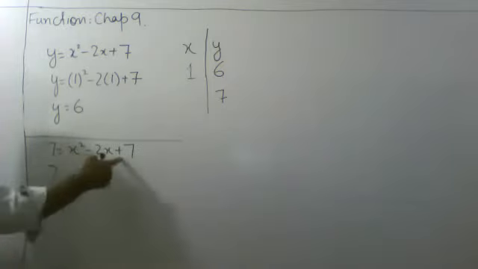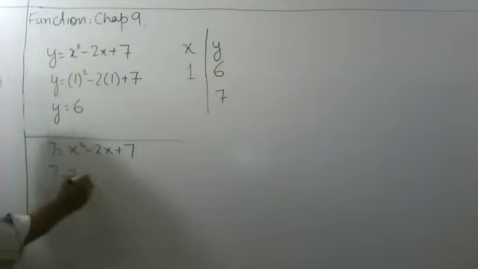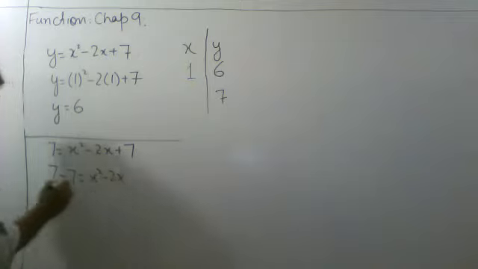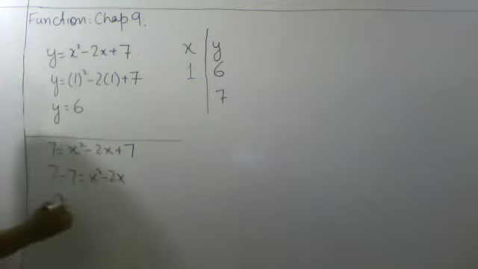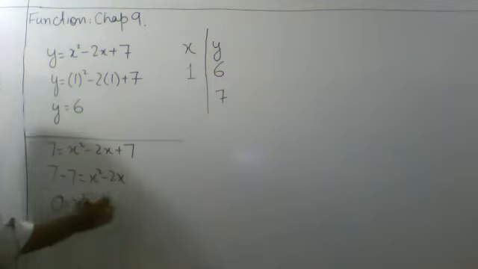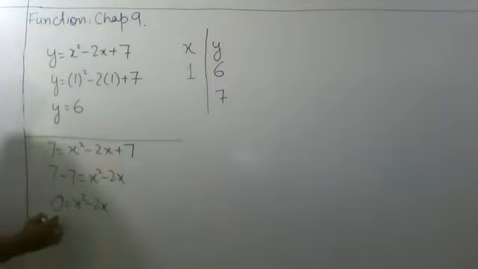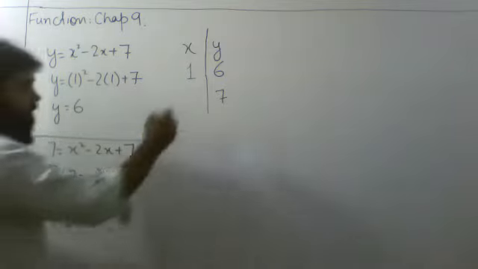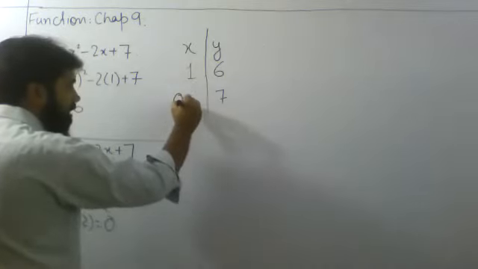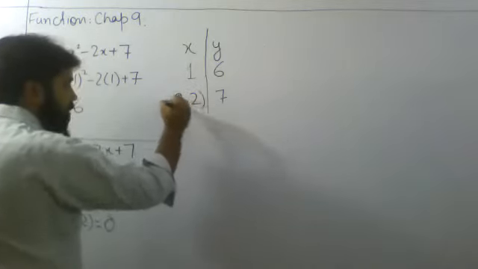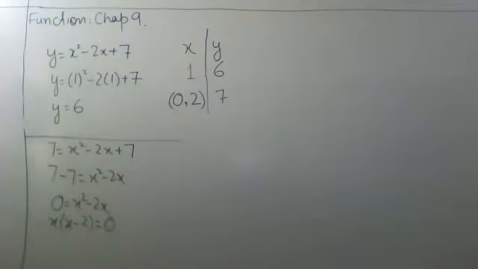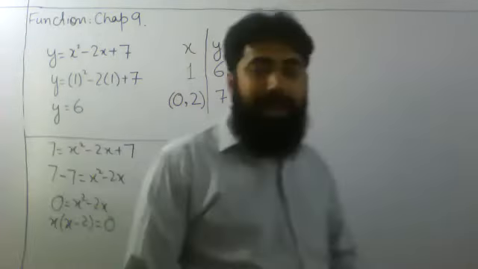So this 7 is shifted over here, and x square minus 2x, this and this will be cancelled. 0 equals x square minus 2x, x common, x into x minus 2 equals 0. So either the value of x will be 0 or the value of x will be 2 if I put the value of y as 7.